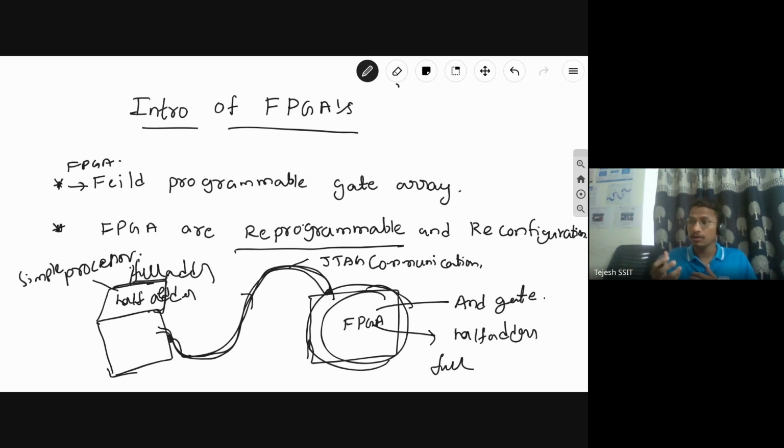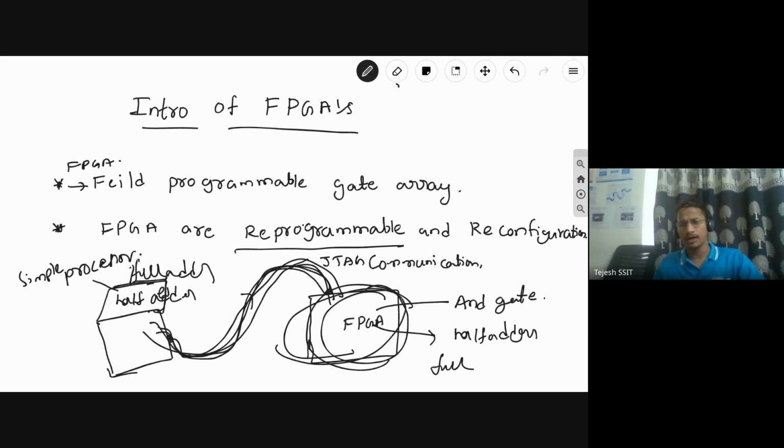Did you observe or not? Here we are doing the reprogramming. We dump the AND gate code, then the half adder code, then the full adder code. You can do this any number of times on this FPGA board. That's why we call FPGAs reprogrammable.